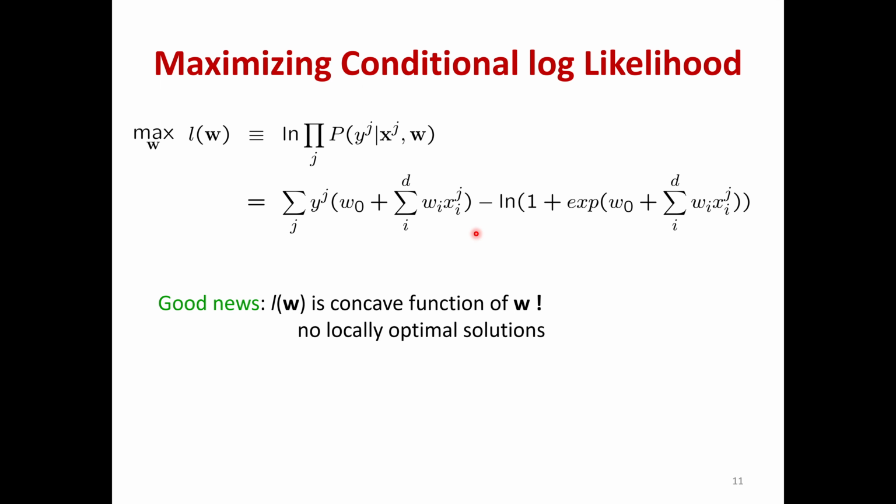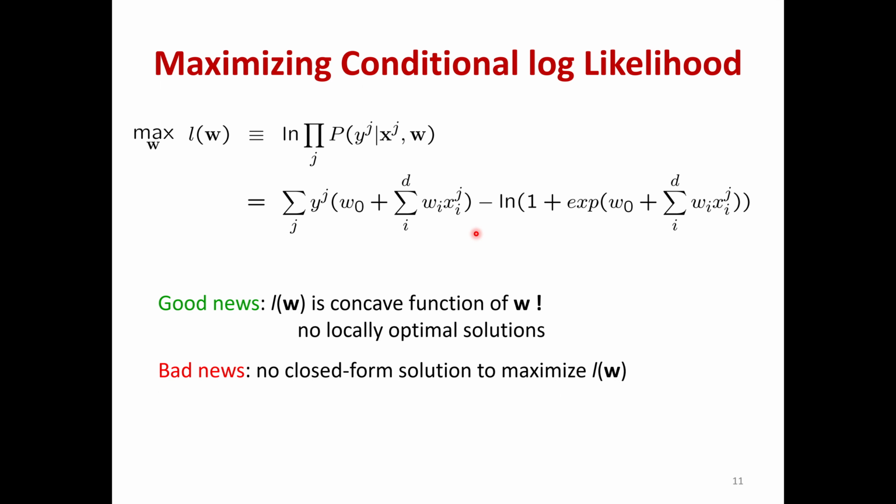The good news is that this function is concave in w, and because of that, the locally optimal solutions are globally optimal as well. The bad news is that we cannot find a closed form solution to this problem.